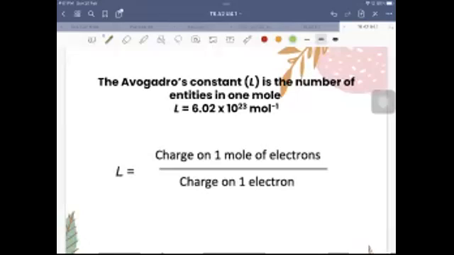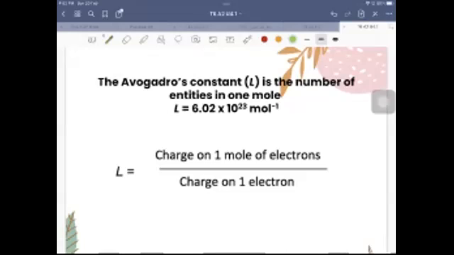Okay, L is equal to charge on 1 mole of electrons over the charge on 1 single electron. Okay, so I think it makes sense if you have the total charge for 1 mole, you divide it by the charge for a single electron unit, then that number would give you the number of electrons that make up the whole charge quantity.